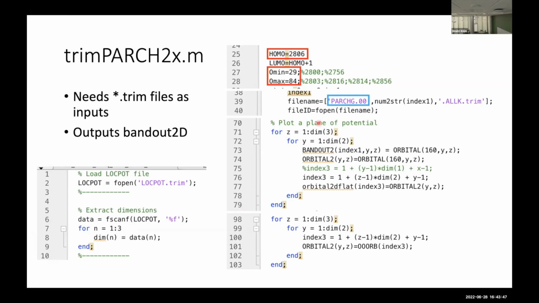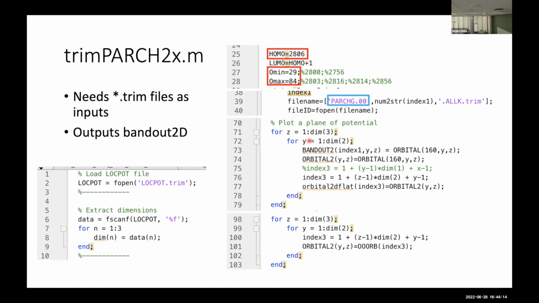Some things you need to work on or modify. You have your HOMO, OMIN, and OMAX like normal. Depending on what band you're looking at, you may have to change the number of zeros here in the par charge, and you will have to modify several of these lines.